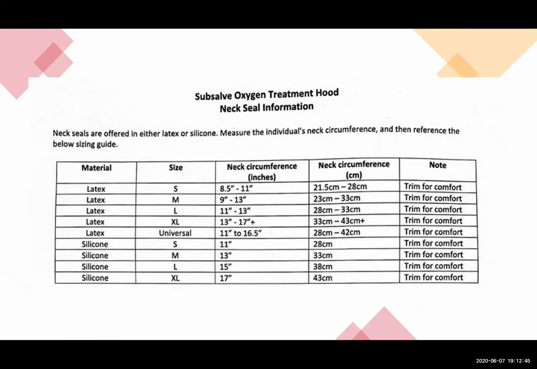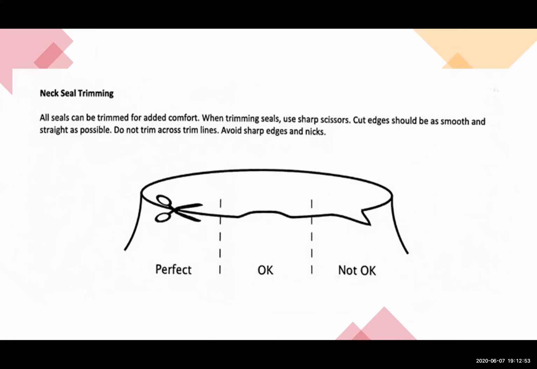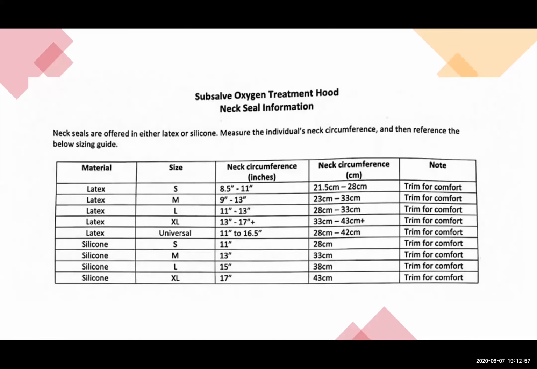Most of the time, if you choose the size correctly, you might not require any further adjustment, but sometimes you might need to modify the height and the width of the neck, because as you see, there are ranges for the neck circumferences. So you might need to trim for comfort.